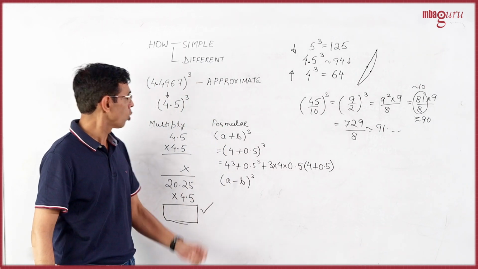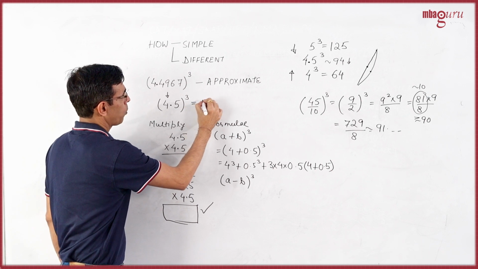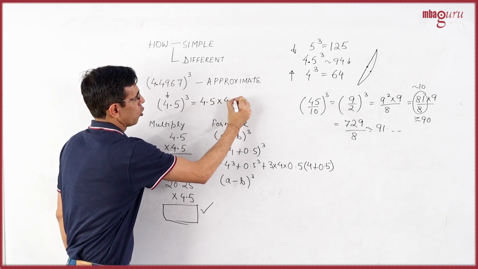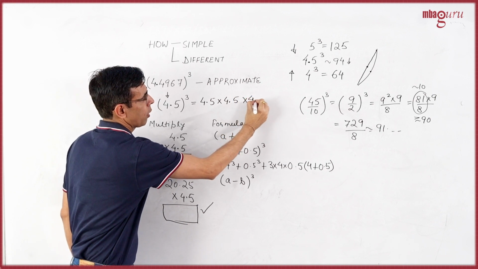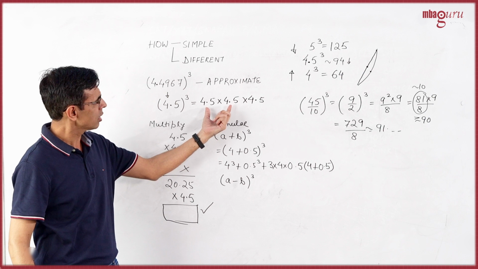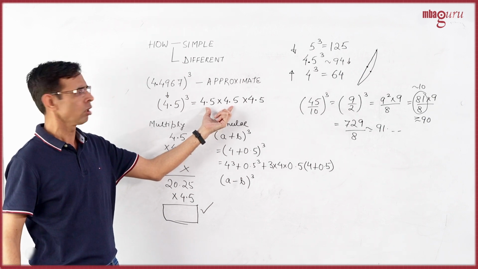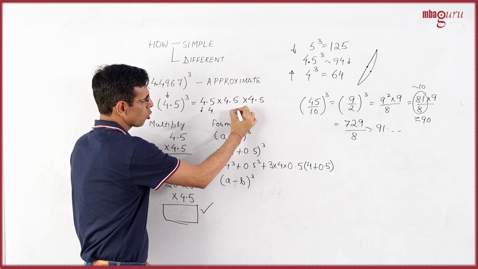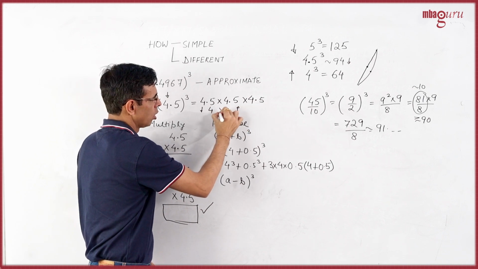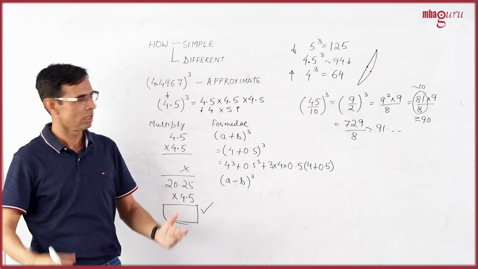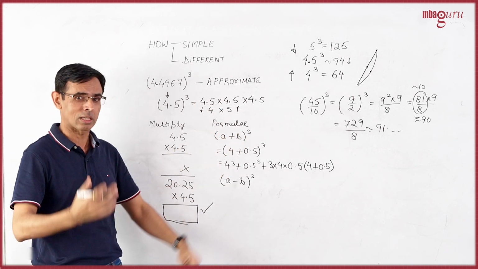You could have also looked at it simply as 4.5 cube is 4.5 into 4.5 into 4.5 and just thought of it कि यार अगर इस 4.5 into 4.5 को इसको मैं थोड़ा सा घटा के 4 मान लूं और इसको थोड़ा सा बढ़ा के 5 मान लूं, अगर मैं दोनों को बढ़ा दूंगा तो आंसर बड़ा हो जाएगा, अगर मैं दोनों को रिड्यूस कर दूंगा तो आंसर छोटा हो जाएगा.